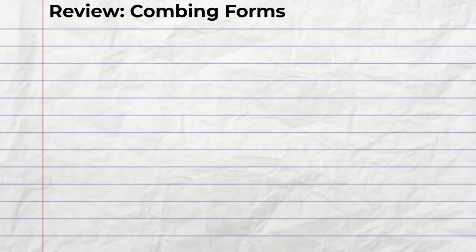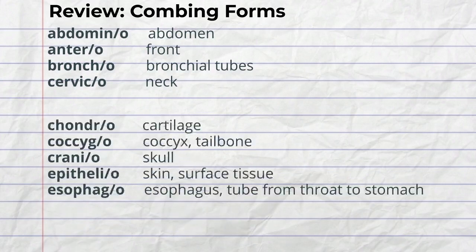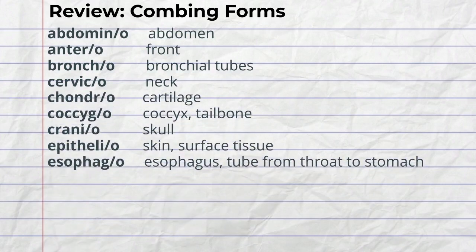And let's do a quick review of some of the combining forms. Abdomino is abdomen, antero, front or front side. Broncho, bronchial tubes. Cervico, neck. Chondro, cartilage. Coccygeo, coccyx or tailbone. Cranio, skull.